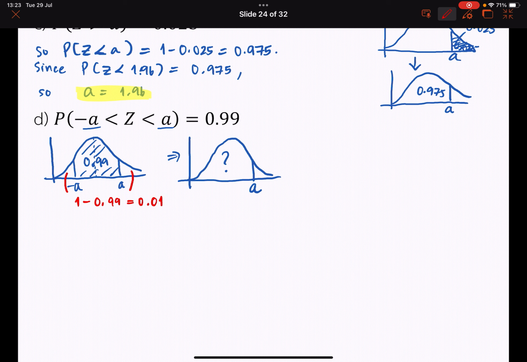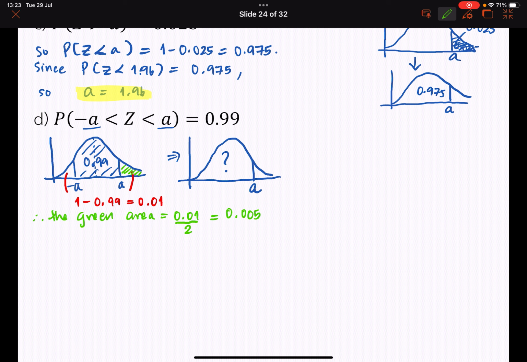So if I look at only, let's say, the green area, just one piece, the green area must be half of this, because 0.01 is a combination of the two tails, left and right. So you need to split this in half to get just one piece, which is going to be 0.005.